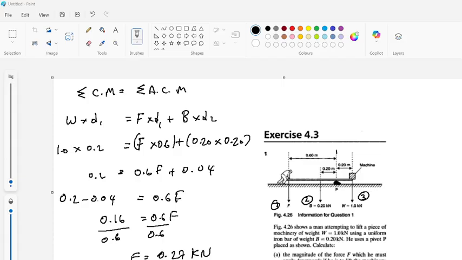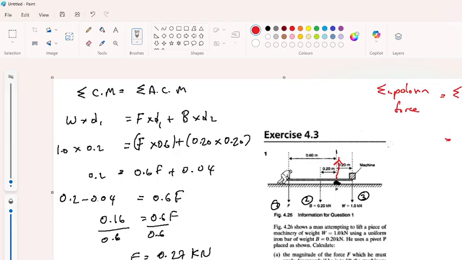All right. The reaction force, the first one. Because all these three forces are pushing downward on the board, there's an upward force right here, called a reaction force. So you could say the sum of downward force is equal to the sum of upward force.